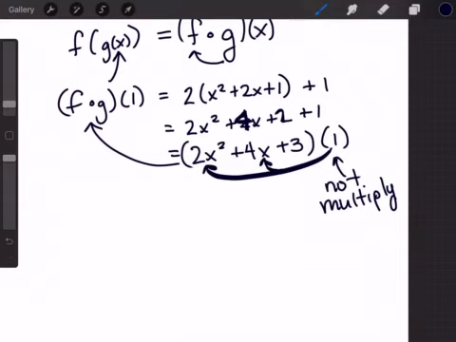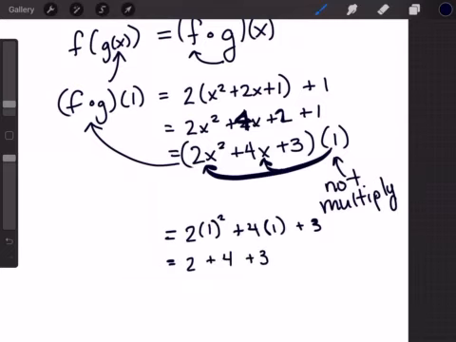It also goes to that x. Okay? So we'll have 2 times 1 squared plus 4 times 1 plus 3. So this is 2 plus 4 plus 3. My answer is 9.